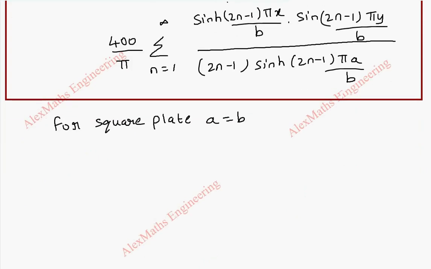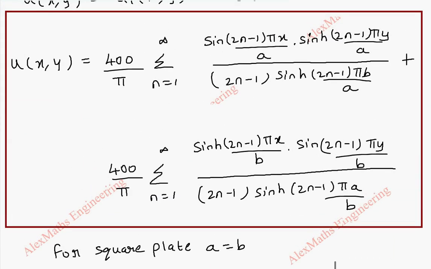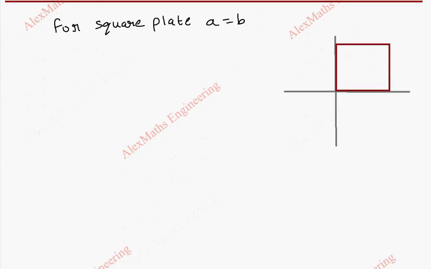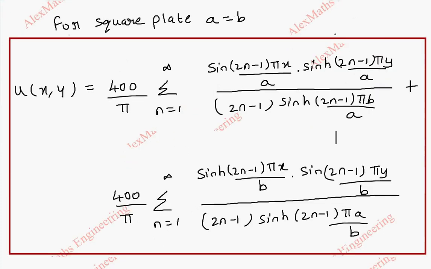So if I take a small rough diagram, I am not going to write any boundary conditions, just for reference only the diagram. So we have a square plate like this, so everything is A. So we can use this same solution and change all the B as A. So I am going to copy this solution here and change every B as A. So wherever B is there, I can change as A, then this A by A gets cancelled.